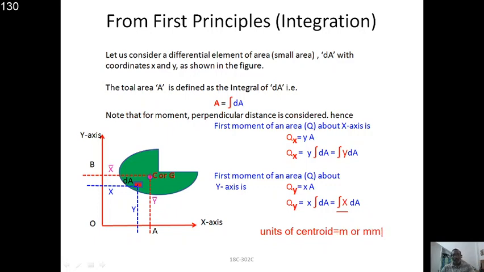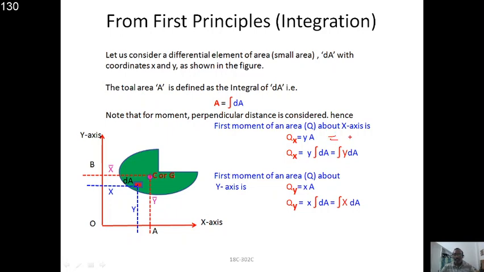Now please observe this equation. What is the unit of this one? If I have taken area in meter square, then what is the unit?